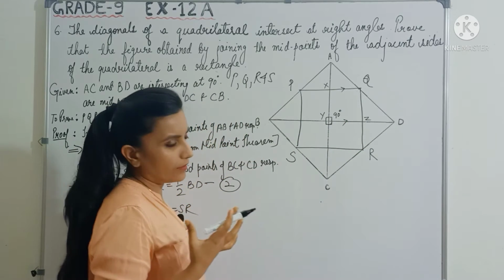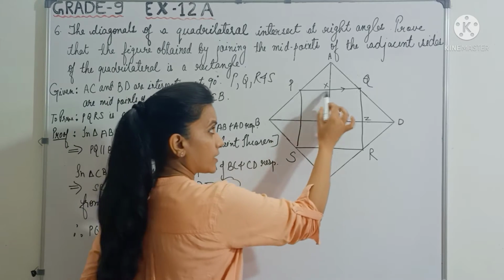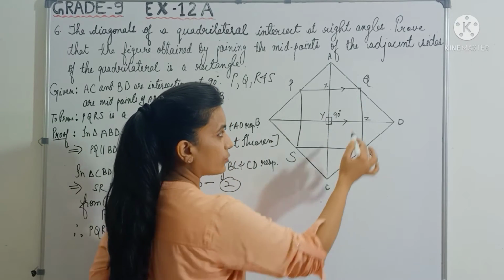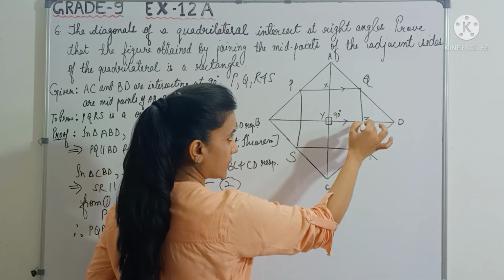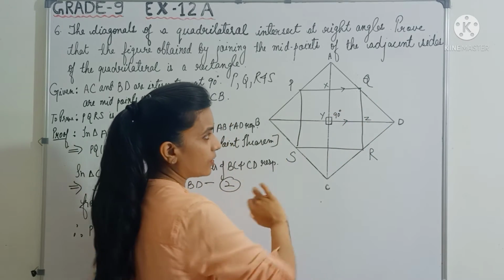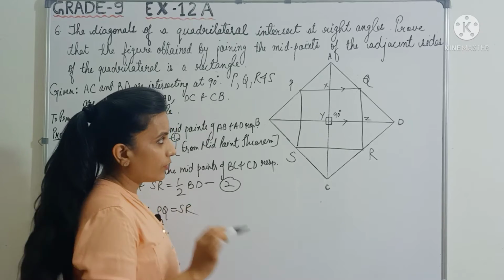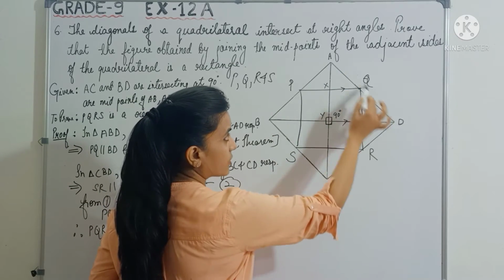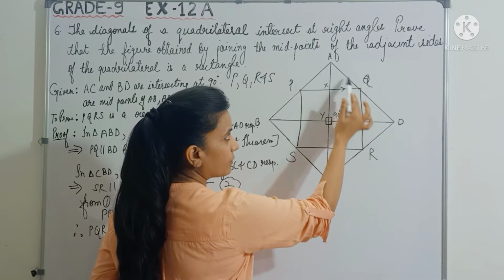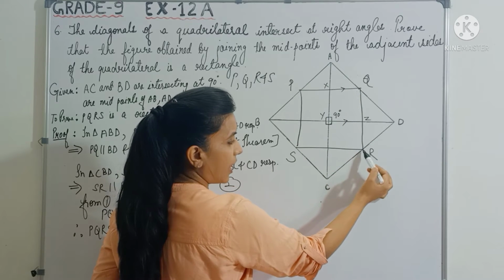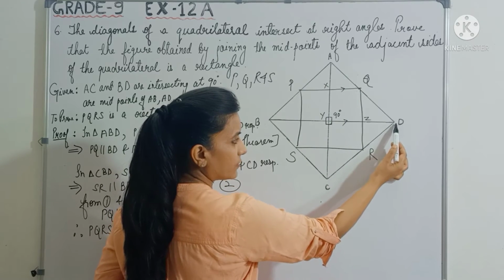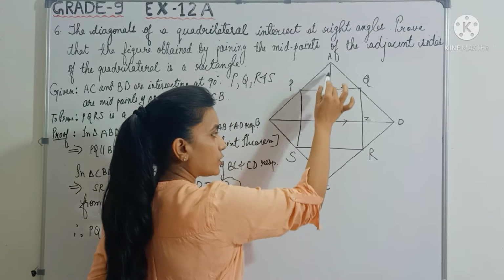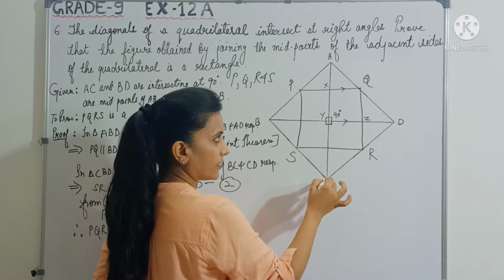Now I don't have enough information to show that XQ is equal to YZ. So what I will do is I will try to show that QZ is parallel to XY, so that we can easily show. How? See, in triangle DAC, Q is the midpoint of AD and R is the midpoint of CD, right? So QR will be parallel to AC, correct?